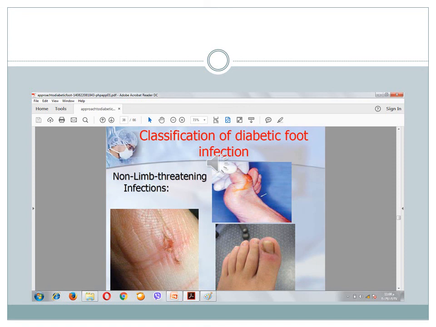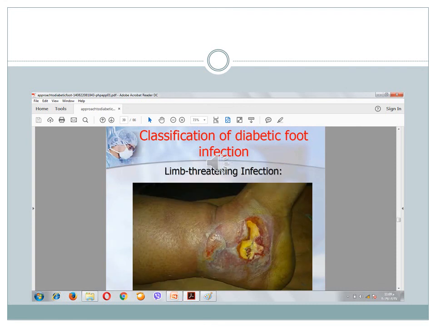According to infection, diabetic foot ulcer can be classified into non-limb-threatening infection, a localized skin infection. The other type is the limb-threatening infection ulcer. This ulcer is large, extending, and involving the deep structures.